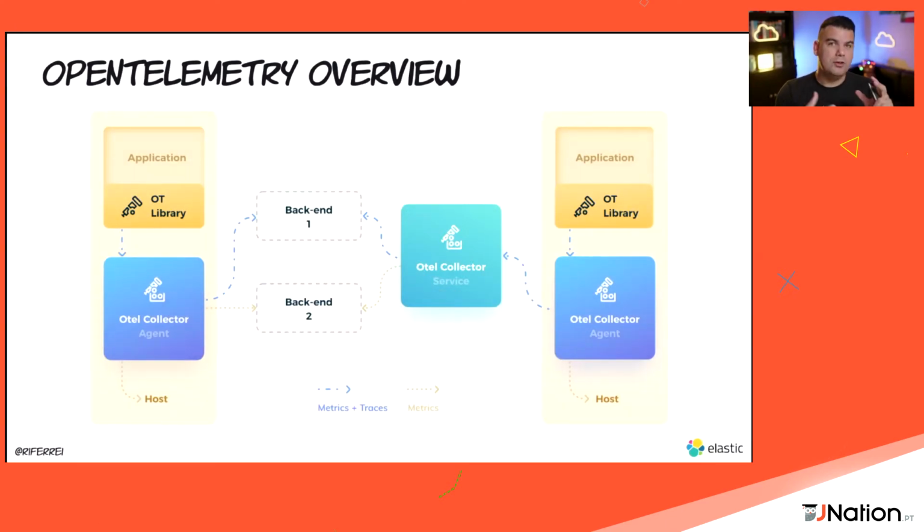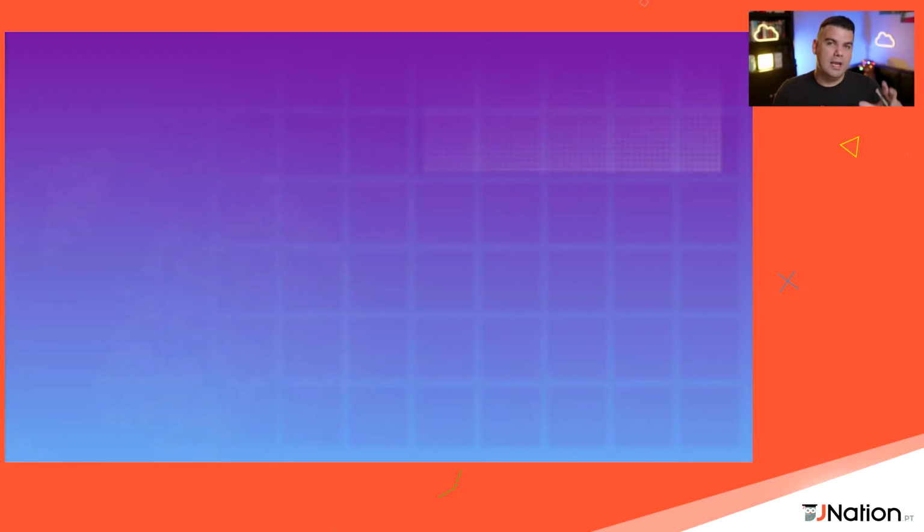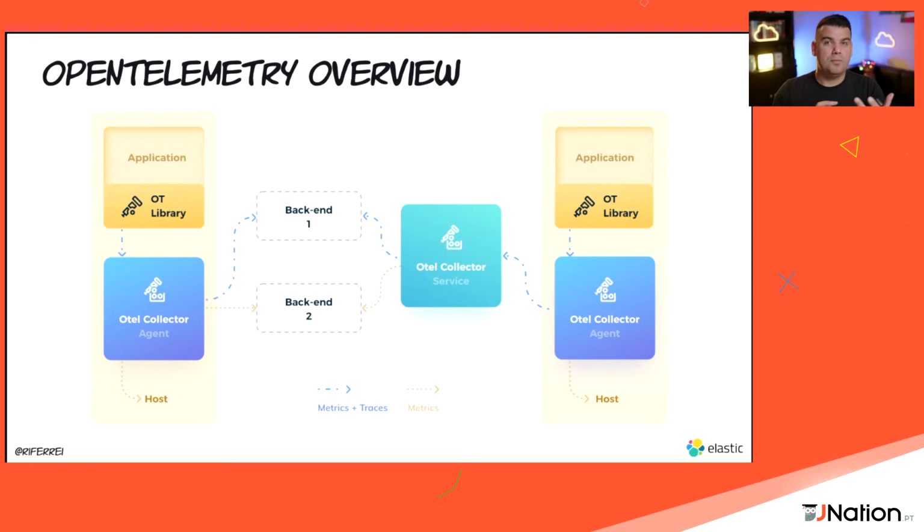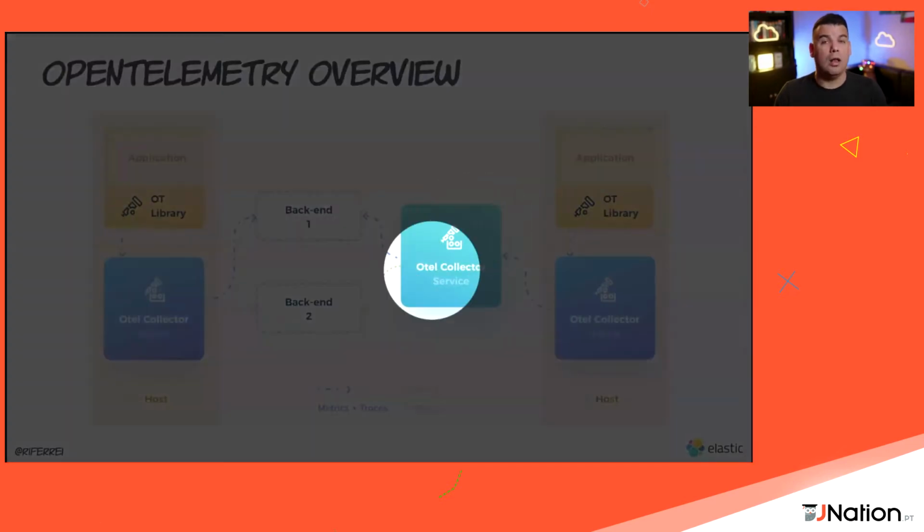And the collector is going to be this man in the middle, a broker per se, that's going to do this translation of protocols. So it's going to receive the OpenTelemetry protocol and it's going to send the protocol that the backend observability platform supports. In our example today, I'm going to be using Elastic APM, right, which is an observability platform that does support the OpenTelemetry protocol natively. So we're not going to be using a collector here, right?